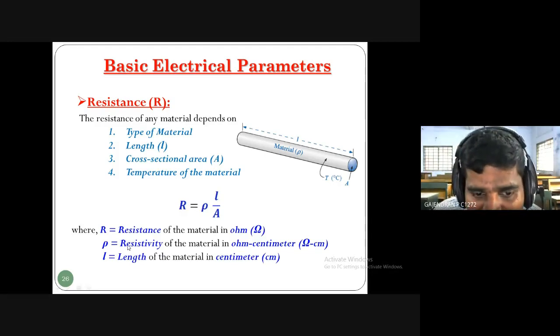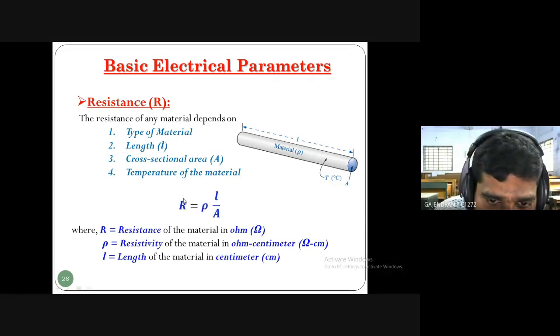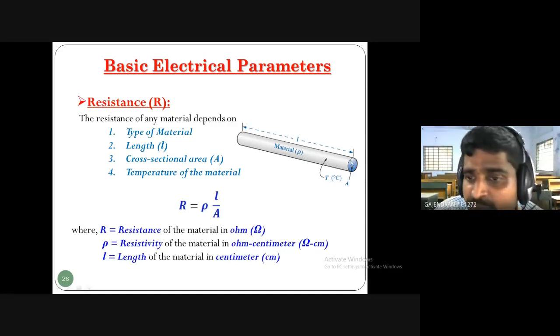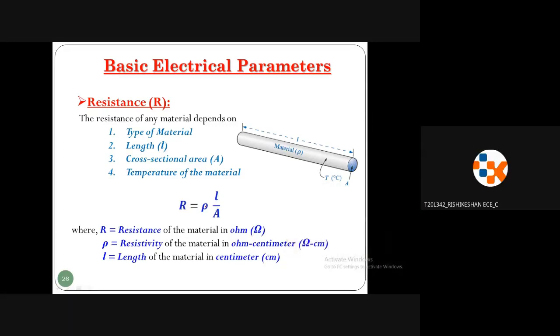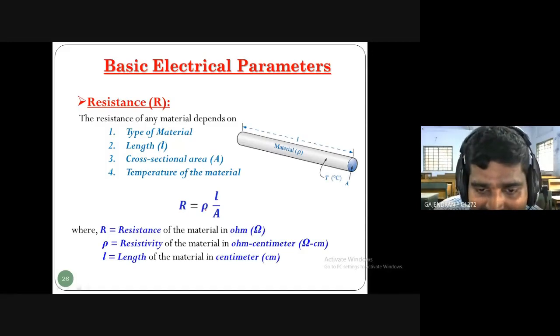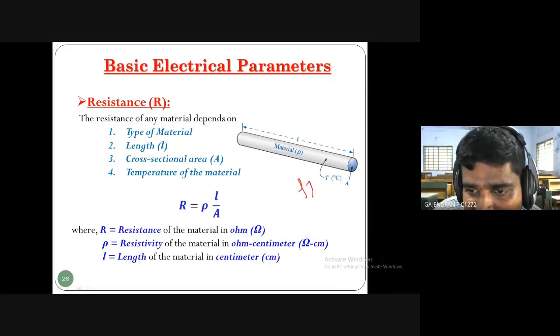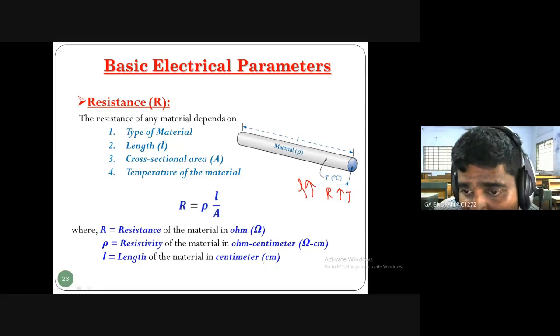If the resistivity increases, the resistance of the material will increase. If the resistance increases, what will happen to the current flowing through it? If I increase the resistivity, resistance will increase, and current will decrease.